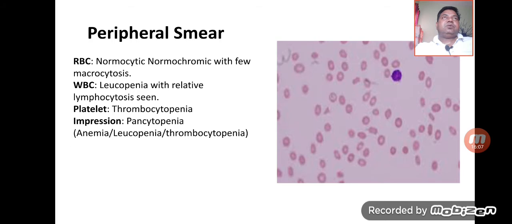The MCV will go up to 100 femtoliters, and in WBCs we can see leukopenia with relative lymphocytosis. Here you can see in the diagram a single lymphocyte along with the RBCs. And in platelets, there is the typical finding of thrombocytopenia, and we can label this condition as pancytopenia. So pancytopenia is a very important feature which can be observed in the peripheral smear.